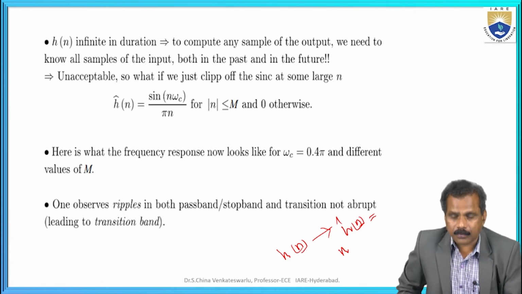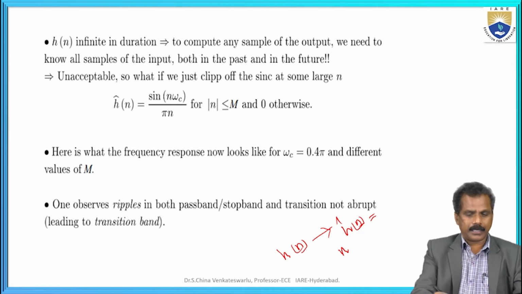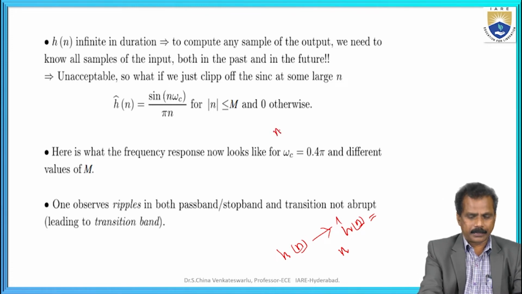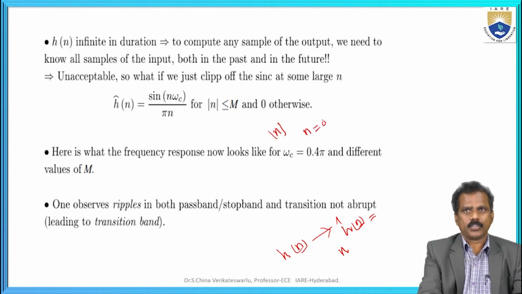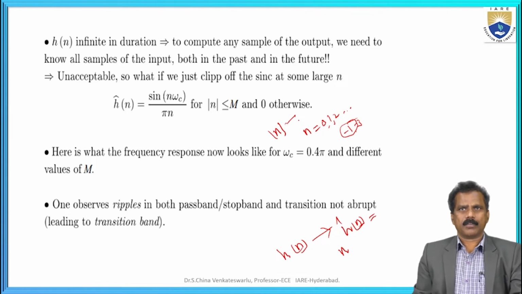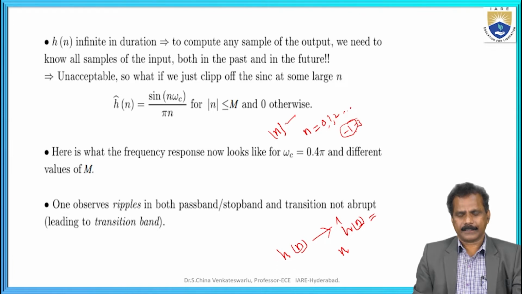For this case, for the n value, it is specified that n is equal to 0, 1, 2 and so on, but it will not be negative values. For that case we use mod n less than or equal to M, and 0 otherwise.